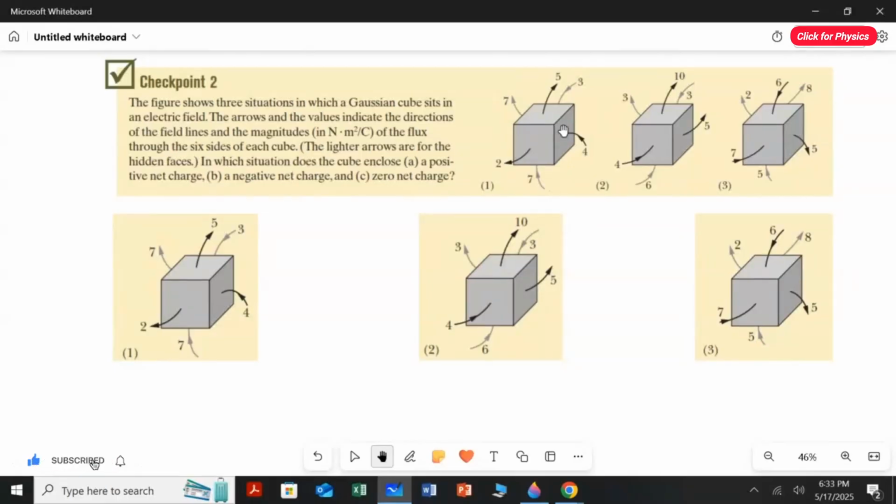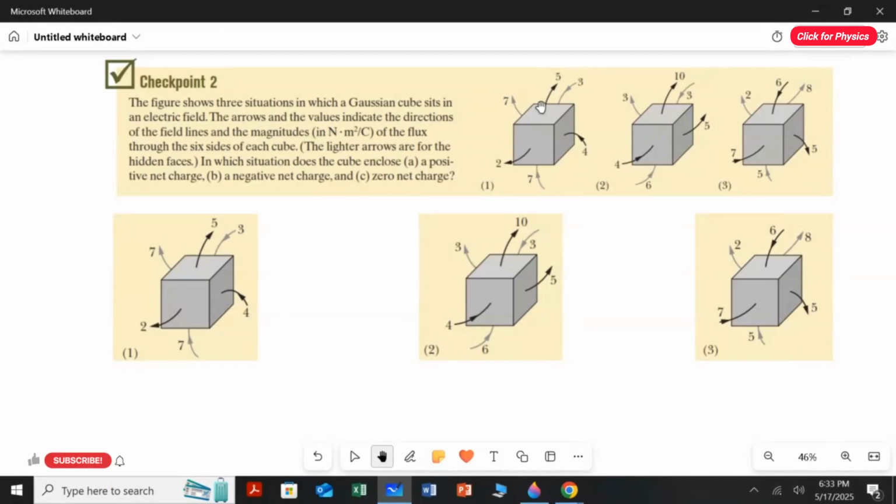So in this question, they gave three situations. Situation 1 here is represented by a figure, and likewise we have two more situations. They mention these cubes are placed in the electric field, and the direction of the electric field is mentioned here, and also the magnitude of the flux.